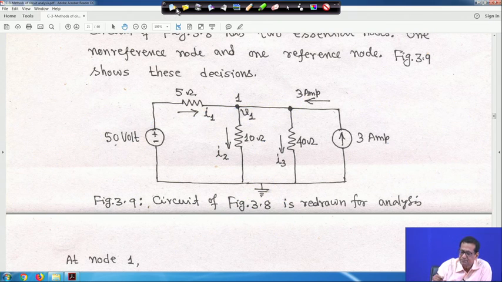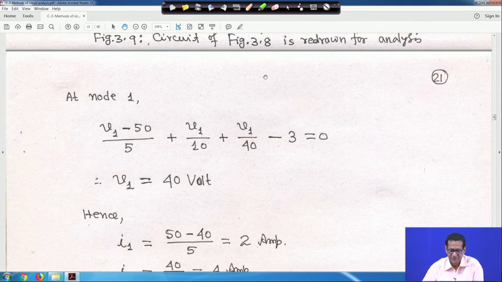If you look into that same equation, whatever I just said, I am putting in this form, and you will get the same form.